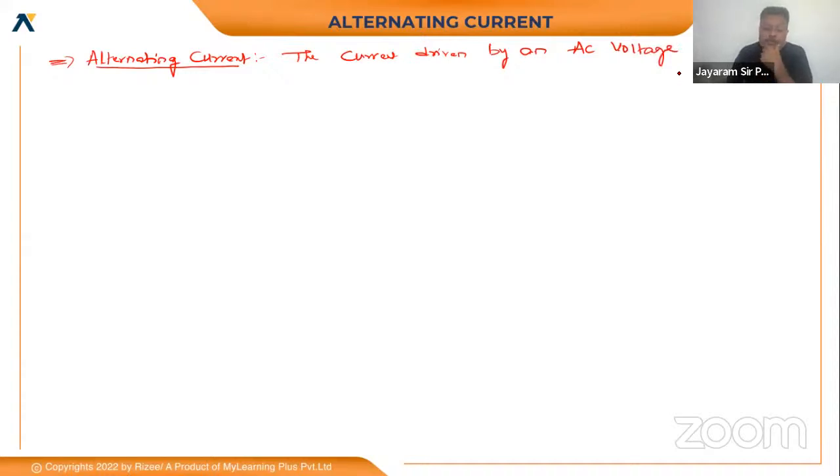So as it has been driving this particular thing, the alternating voltage can be written as V is equal to V naught sine of omega t. This is an AC voltage at any instant.